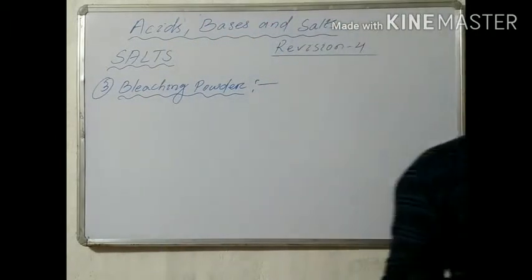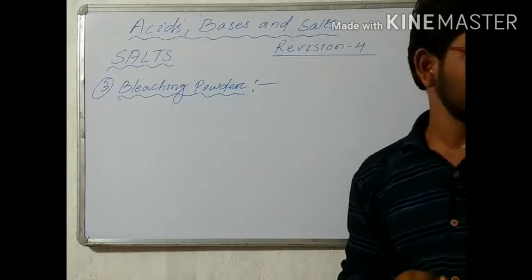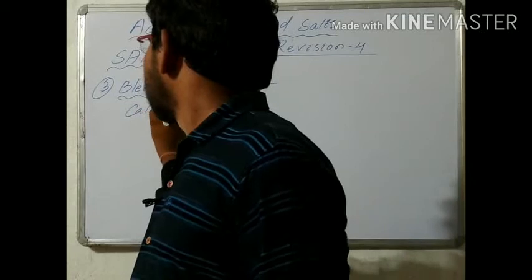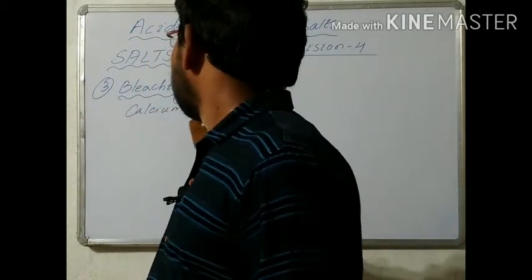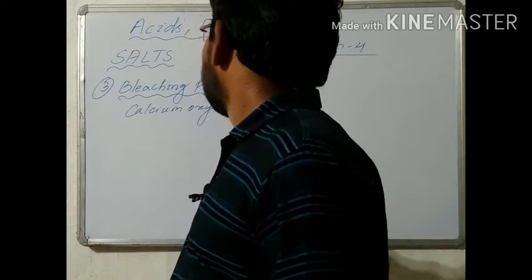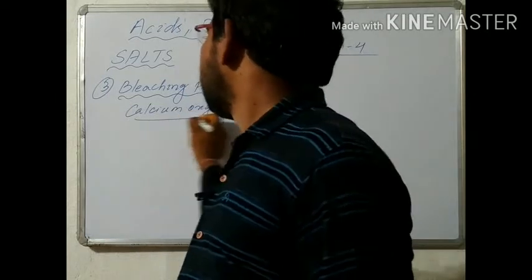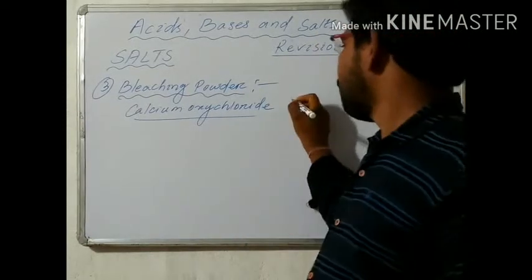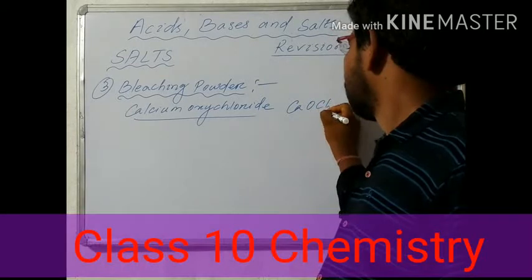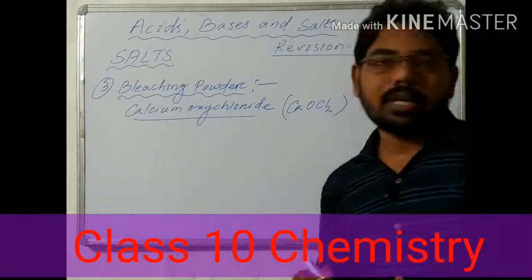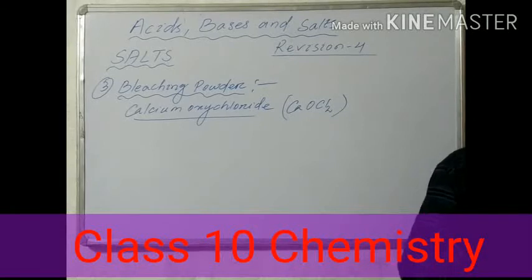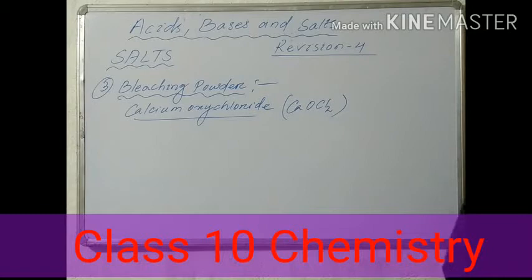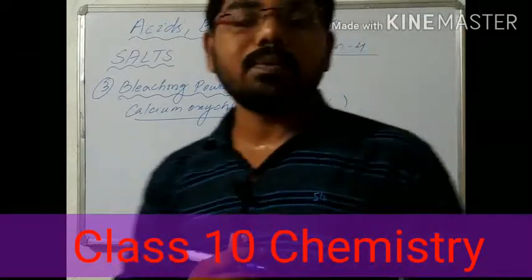Its chemical name is calcium oxychloride, and the formula is CaOCl2. Calcium oxychloride is prepared by passing chlorine gas over slaked lime.